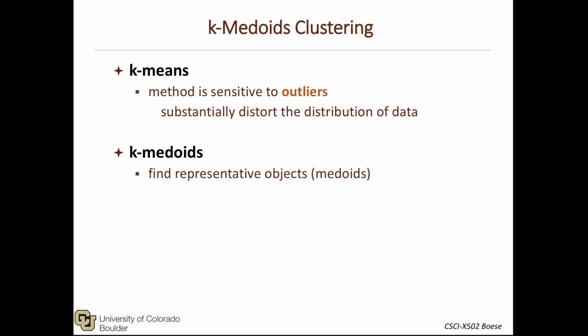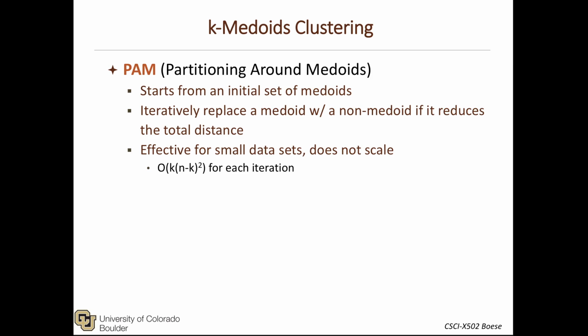Now, to iterate through, when we calculate which object should be the centroid for k-medoids, it can be very computationally expensive. So it's more time-consuming to iterate through. All right, so k-medoids clustering, this is partitioning around medoids, so picking that center as one of the objects.